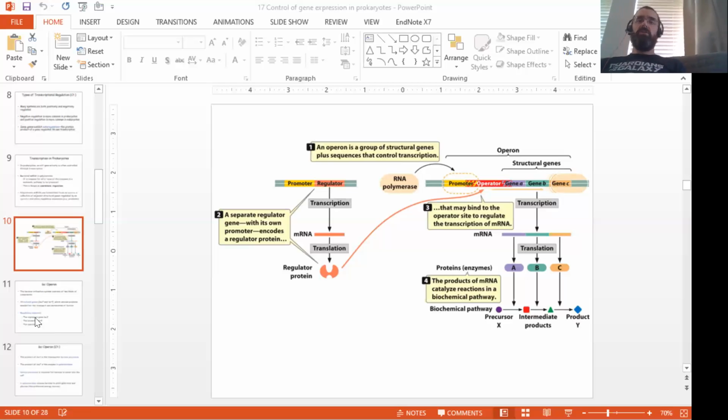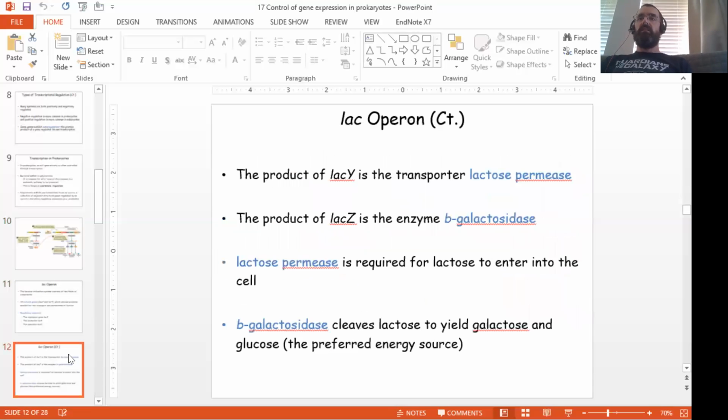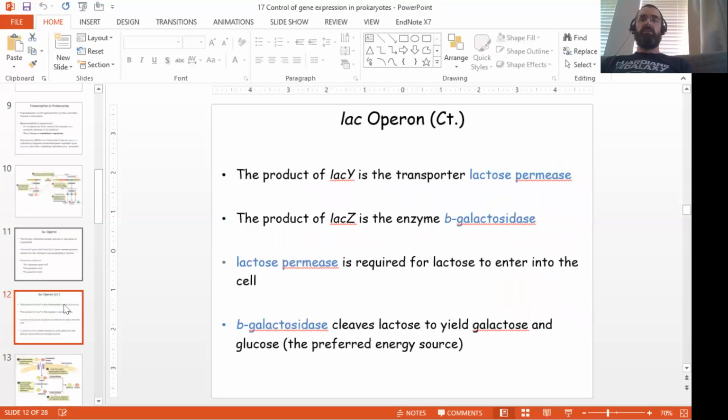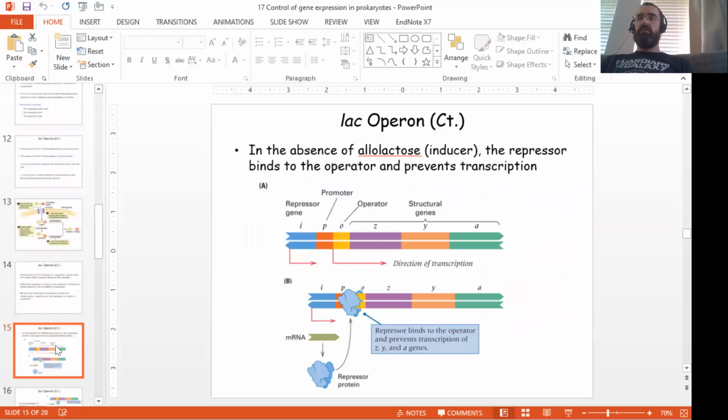Okay, so we're going to look at two different systems. Let me just get the picture. Here we go. All right, so this is what the lac operon looks like.